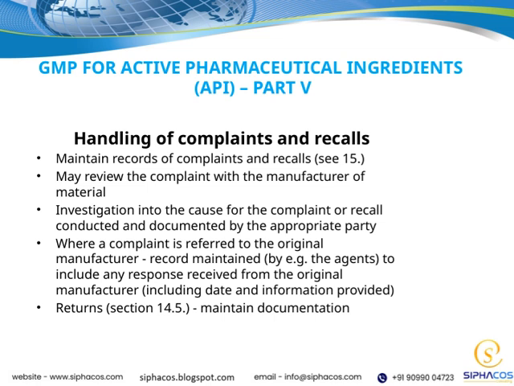This is part of our overall quality management process. Remember, handling complaints and recalls promptly and systematically helps us uphold the integrity of our active pharmaceutical ingredients, or APIs, and ensures we meet GMP standards throughout our operations.